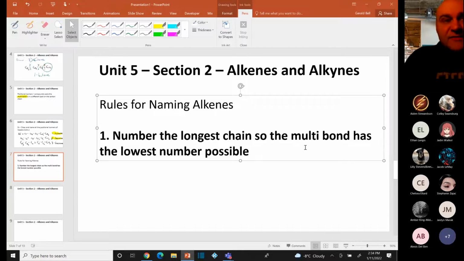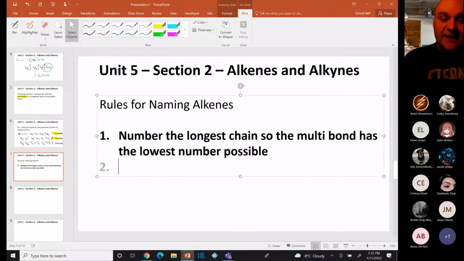So there are probably some situations where you could end up with a really long chain that doesn't even have the multibond in it, and that's fine. Then, like I said, the rest of the rules just repeat.